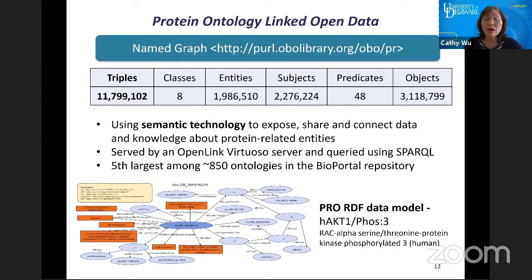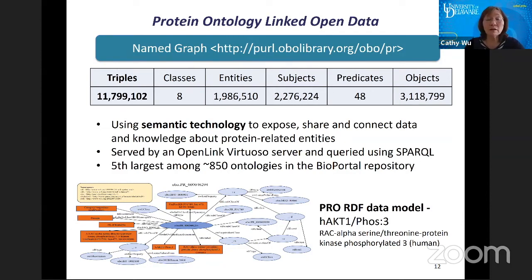The protein ontology linked open data allows us to expose, to share, to connect data and knowledge about protein-related entities. Currently, the protein ontology has nearly 12 million triples, and it is served by an OpenLink Virtuoso server along with metadata description in the W3C HCLS specification.